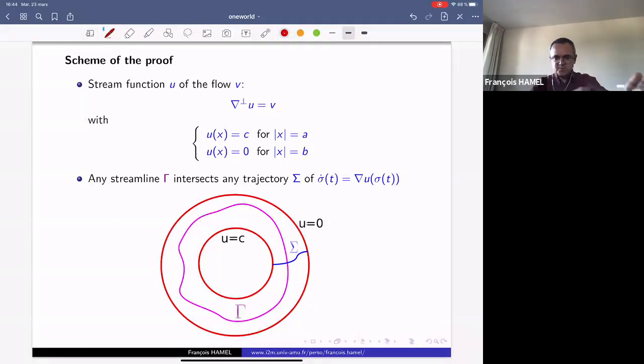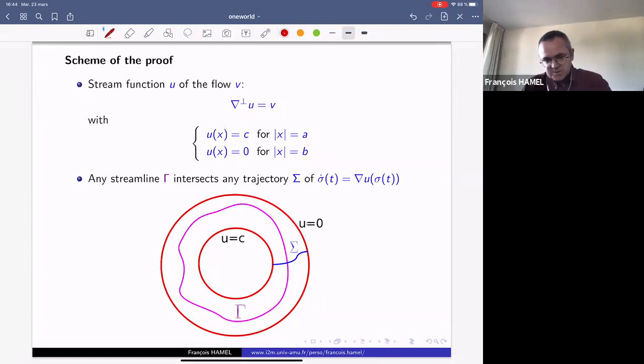We consider a flow V satisfying the assumptions of the theorem. So it satisfies the rigid wall boundary conditions, and it has no stagnation points in the closed annulus.